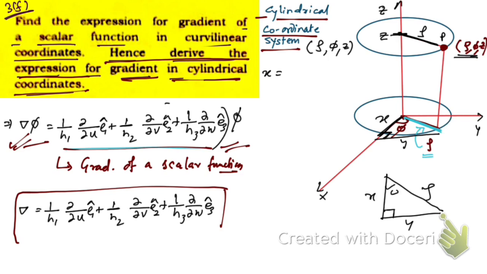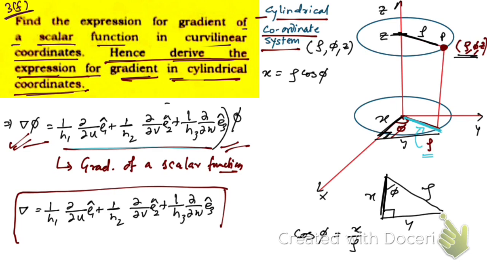Now from this triangle you can see clearly, let me take cos phi. Cos phi is equal to base x by hypotenuse rho, so the x coordinate will be equal to rho cos phi.